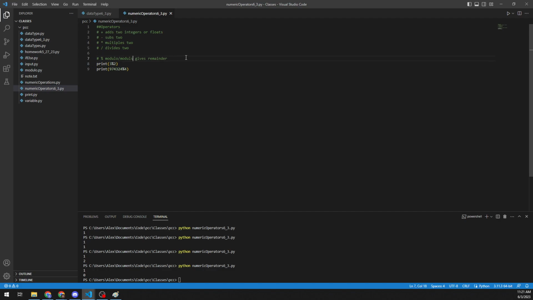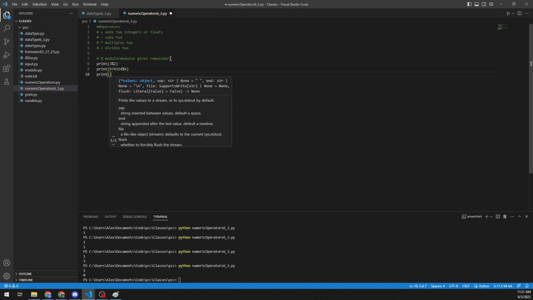So modulus gives remainders. Here's a really good example. Is something odd or even? Now, we as people can instantly see if something's odd or even, right? But computers aren't that smart. Computers aren't people.